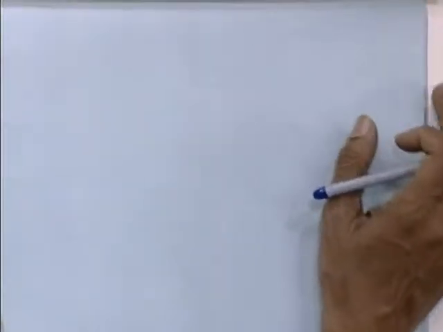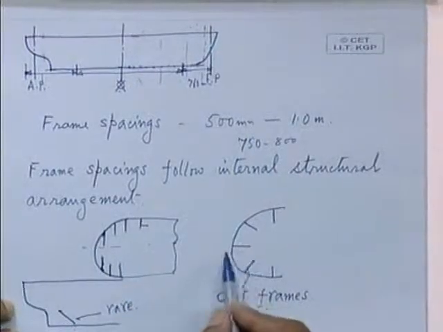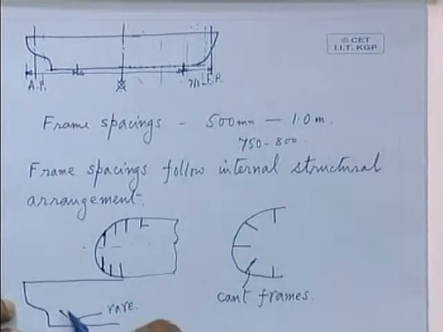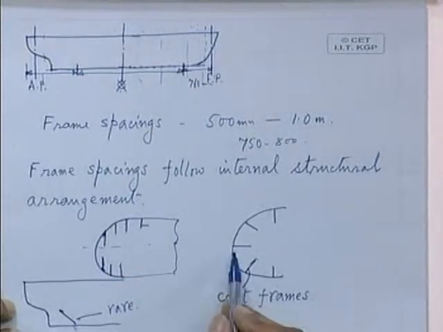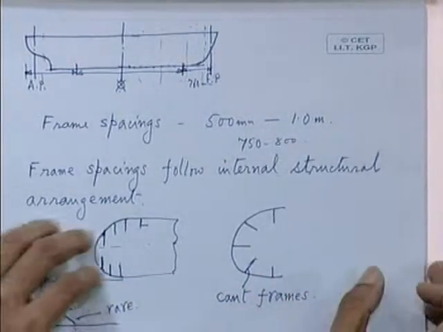But at the same time, you have to maintain adequate rigidity to the structure, isn't it? If you don't give adequate rigidity, then there will be distortion in the shell plating and there will be likely rupture. So in order to give sufficient rigidity, you simply orient the frames according to the direction of the maximum stress, where the maximum stress will come.